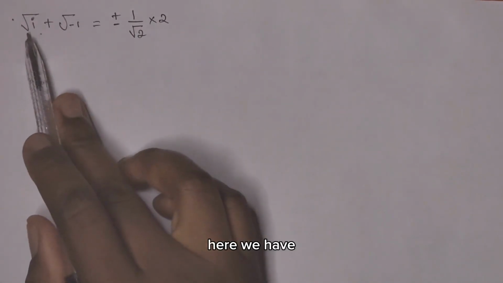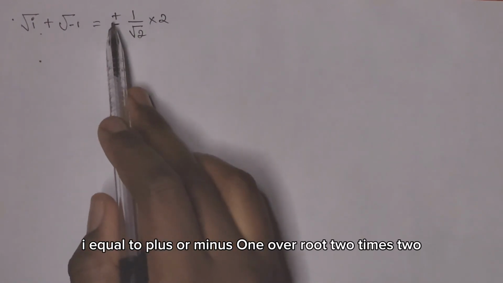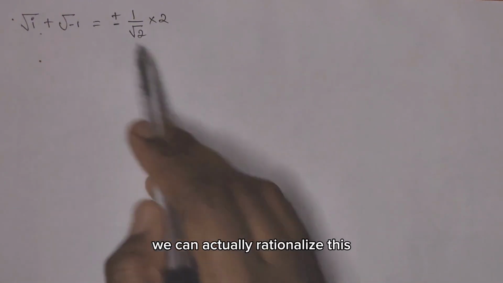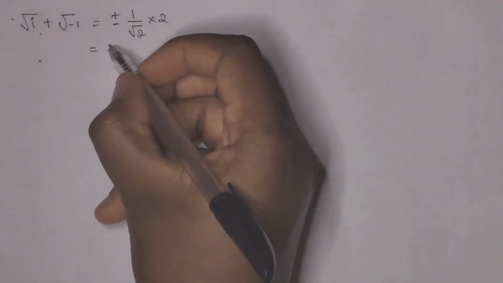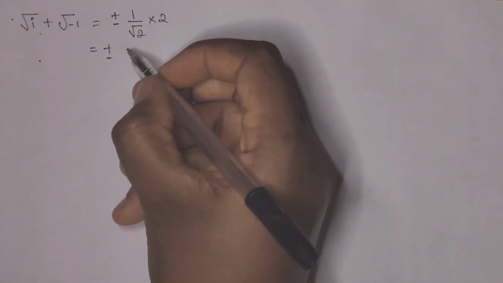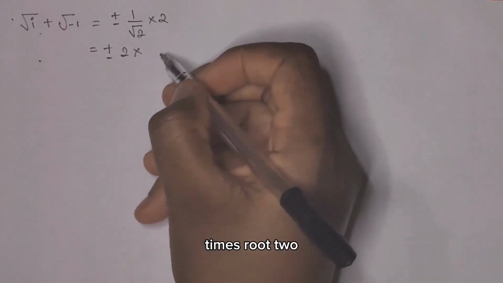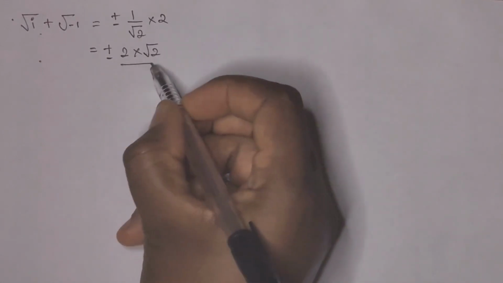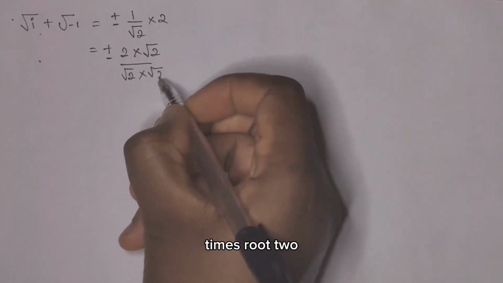We can rationalize this to have plus or minus 2 times root 2 all over root 2 times root 2.